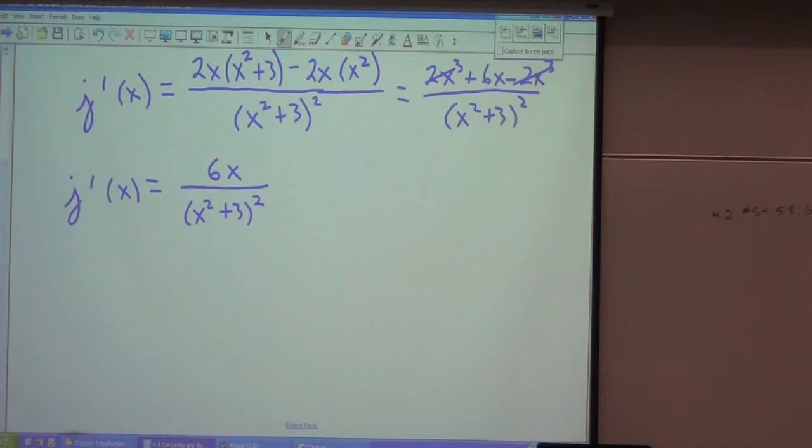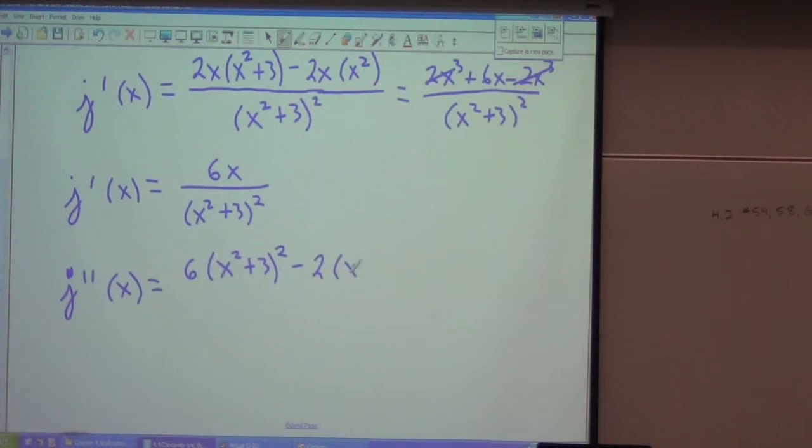We want to figure out where the graph's increasing or decreasing. We figure out where that's 0 or undefined. We want to know where it's concave up or concave down. We're going to take the second derivative. So we do the quotient rule again. Derivative of 6x is 6, multiplied by the denominator, minus, to do the derivative of the denominator, we have to do the chain rule.